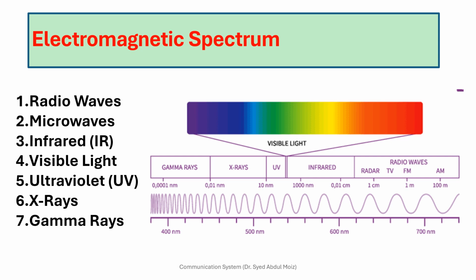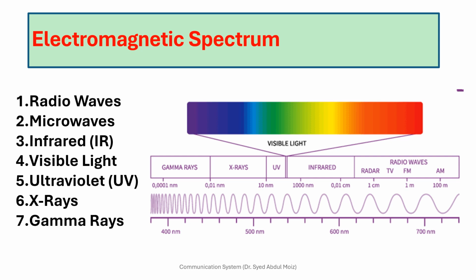Starting from the longest wavelength radiation, we have radio waves, with wavelengths ranging from a few millimeters to thousands of kilometers and frequency below 300 gigahertz. Radio waves are very useful for broadcasting, communication, and even exploring space. Think of your favorite radio station or GPS system; that is radio waves at work.